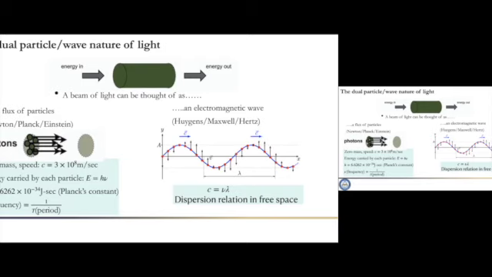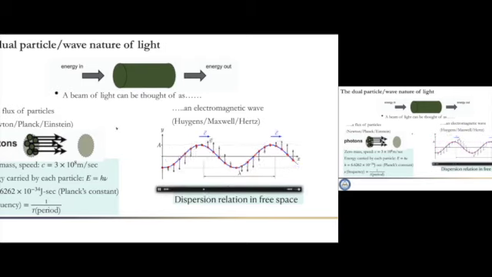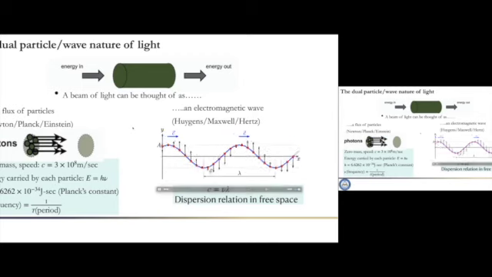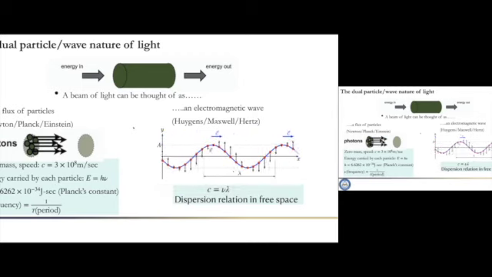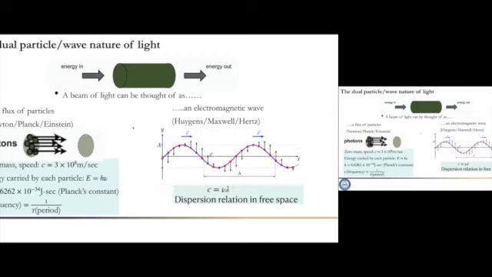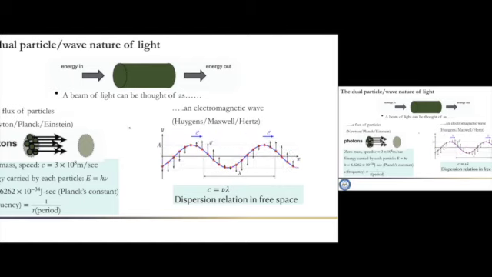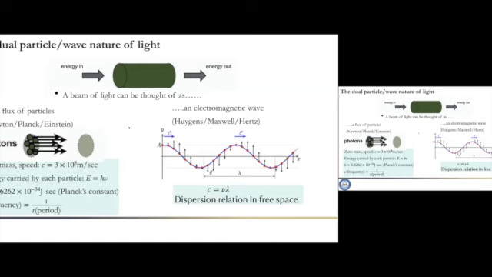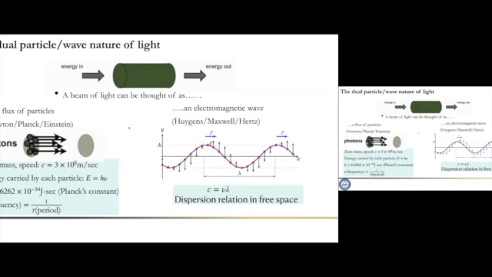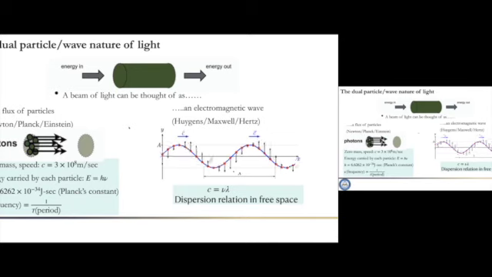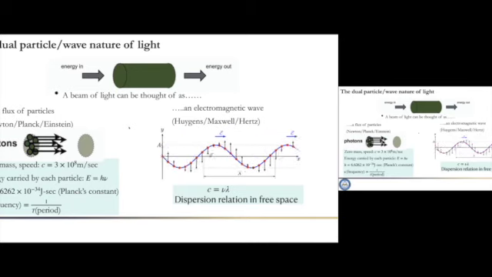And you can see in this picture an electromagnetic wave. This is a 1D representation of an electromagnetic wave, and I'll come back to this in a little while. This shows that the wave moves at this velocity c, which is the number of waves, or the length of the waves, that are crossing a certain point in a unit time, right?